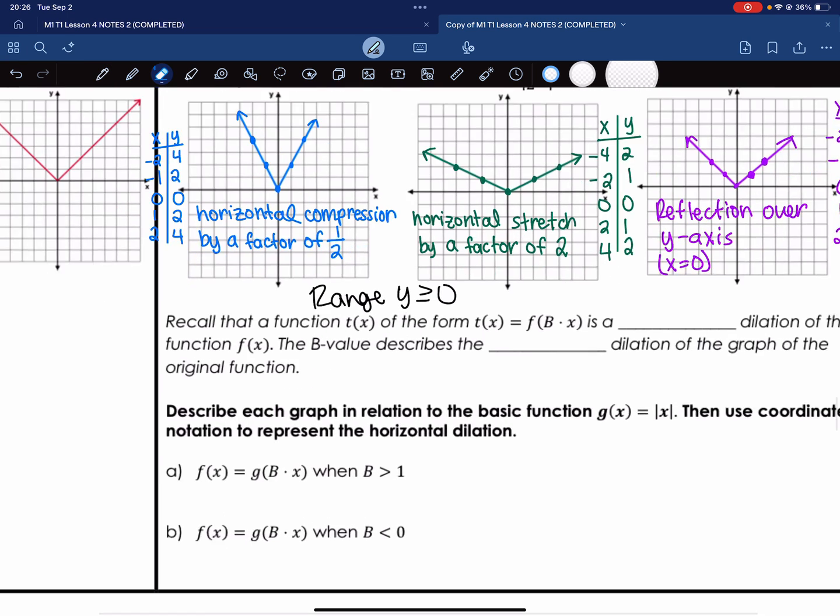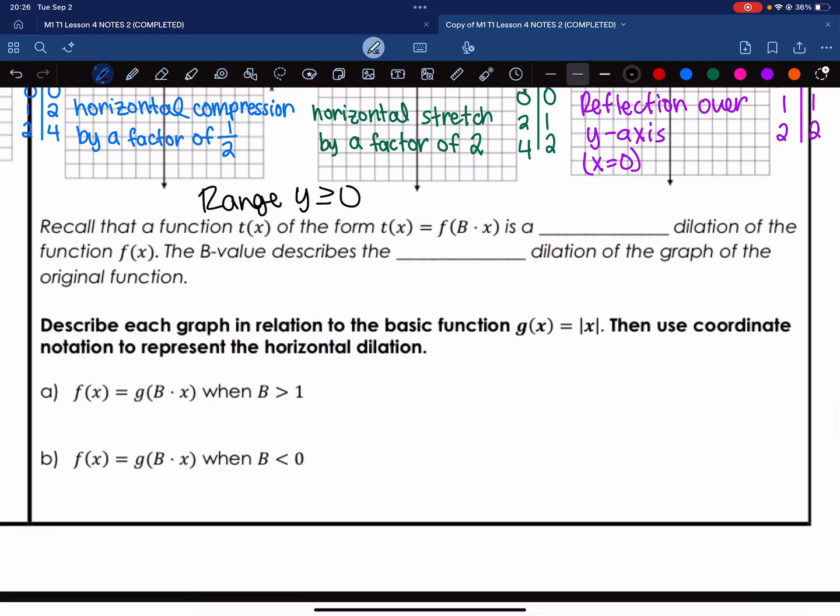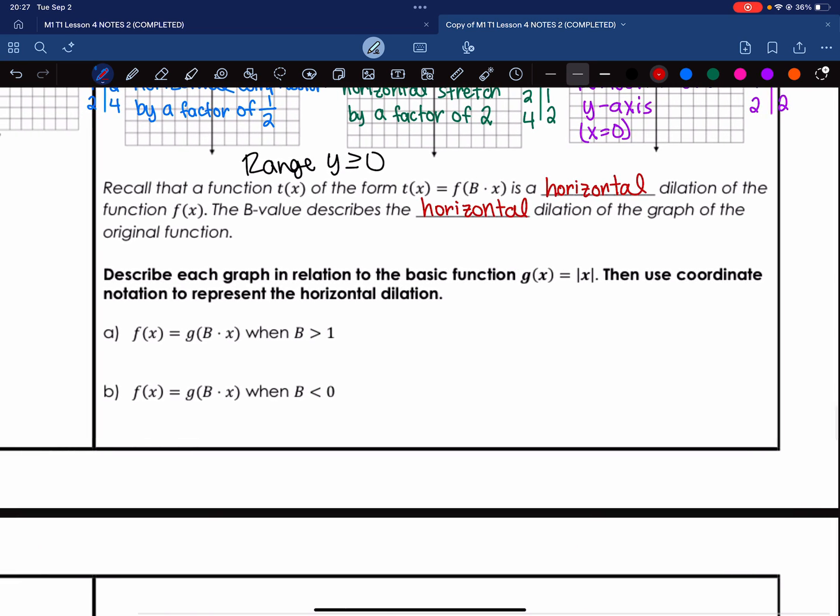Okay, so what this tells us is that the function, recall the function t of x in the form of f of b times x is a horizontal dilation of the function f of x. The b value describes the horizontal dilation of the graph of the original function.